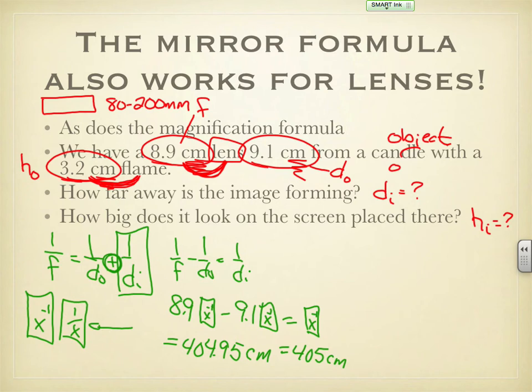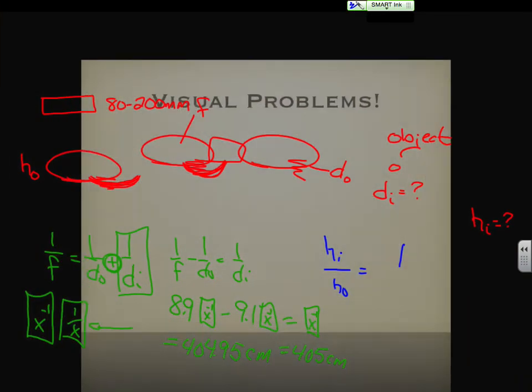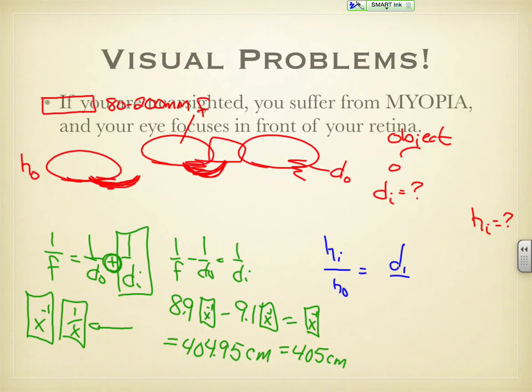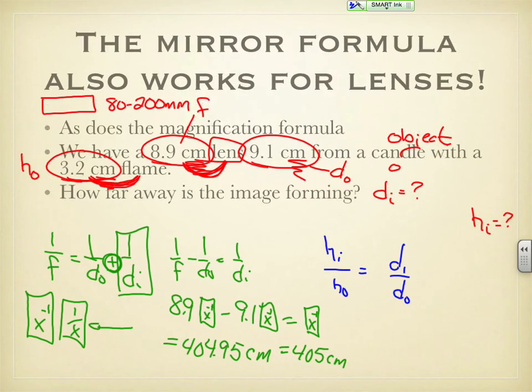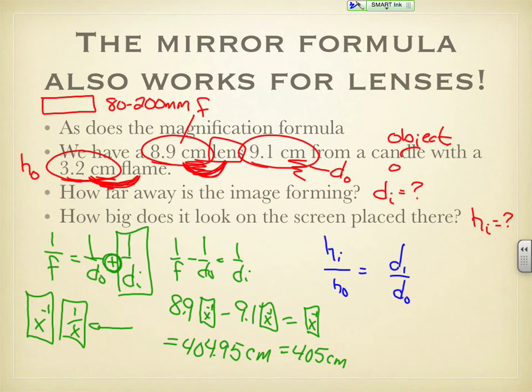That all looks groovy. Now to find hi, of course, we need to use the formula hi over ho equals di over do. So if we're using this formula and we're looking for hi, then we need to move the ho.